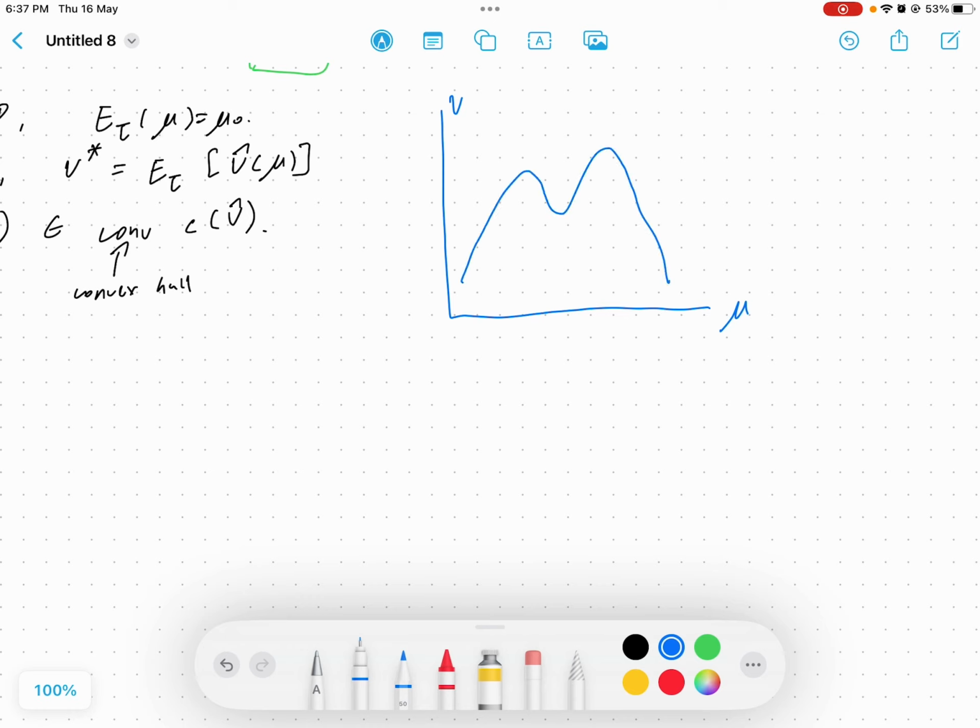Okay, so a convex hull formed by this function is just this part, right?